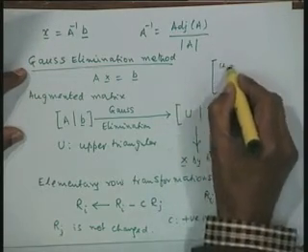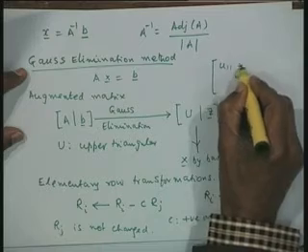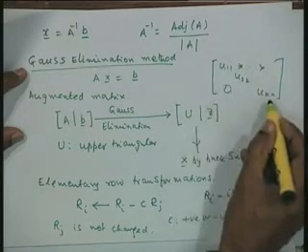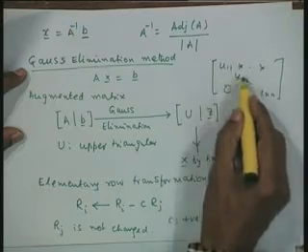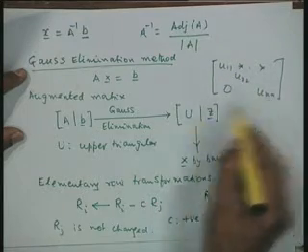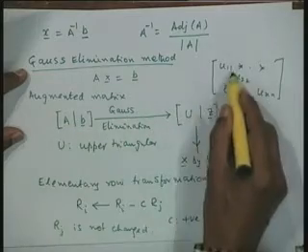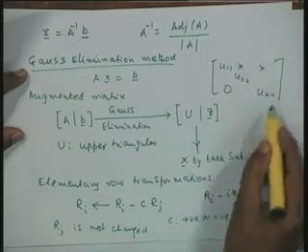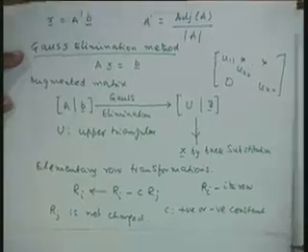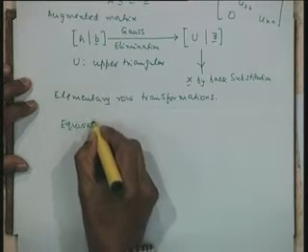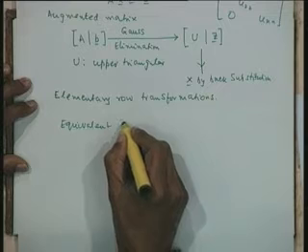It will be of the form U11, U22, up to UNN, with zeros below. So the determinant is simply U11 U22 UNN. Therefore, the determinant of A will be simply equal to U11 U22 UNN. That is what we mean by saying that all the properties of A, B are carried over to this equivalent system.